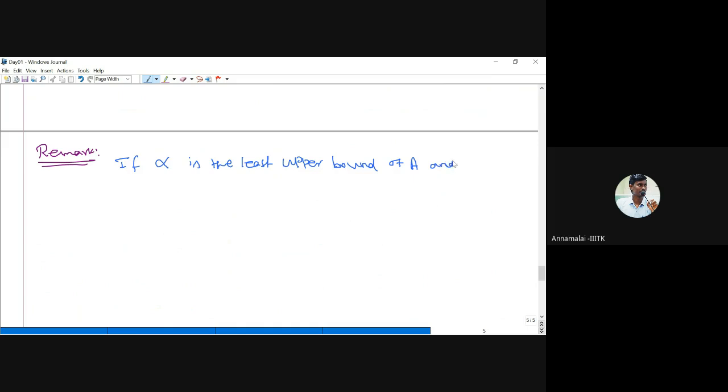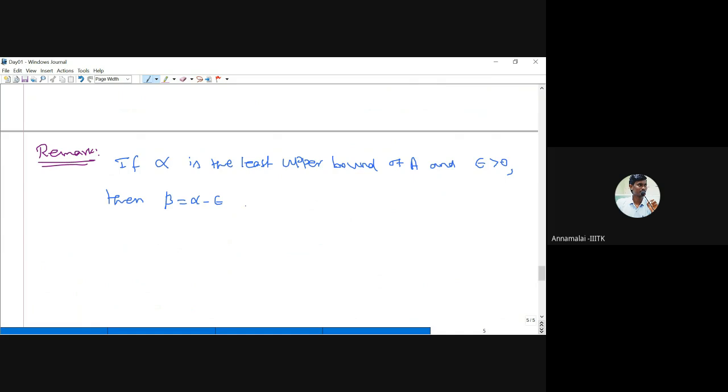and suppose we take some positive number epsilon, so epsilon is positive, then if you subtract epsilon from alpha, we call that number some beta. So beta, I am defining as alpha minus epsilon.